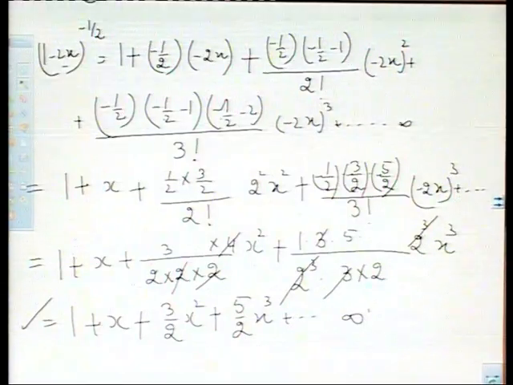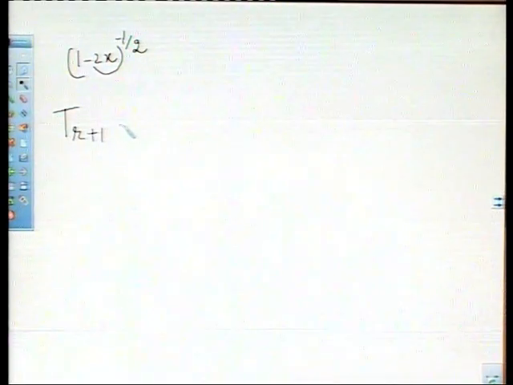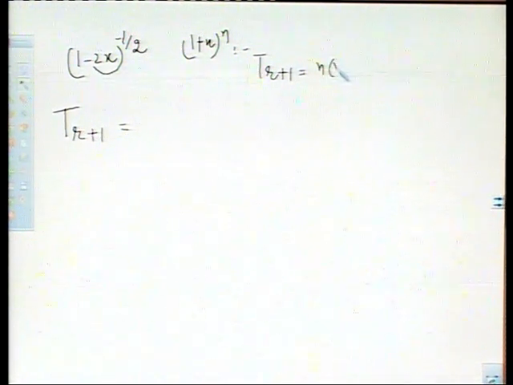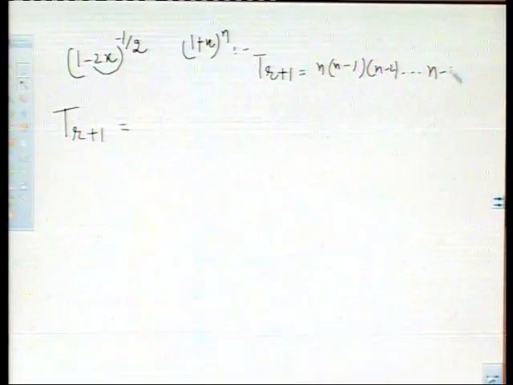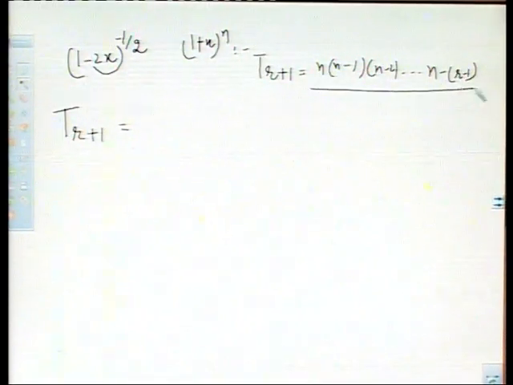Now we have to calculate the r plus 1th term. We know that when (1 plus x) raised to power n, then what is the r plus 1th term? n(n minus 1)(n minus 2)... (n minus r plus 1) upon r factorial and x raised to power r.